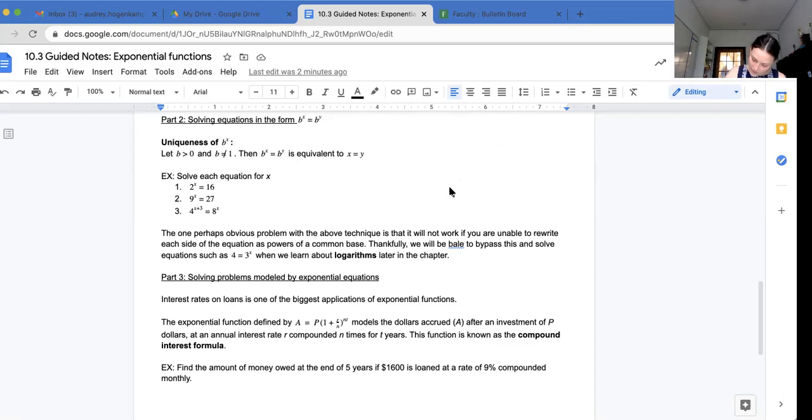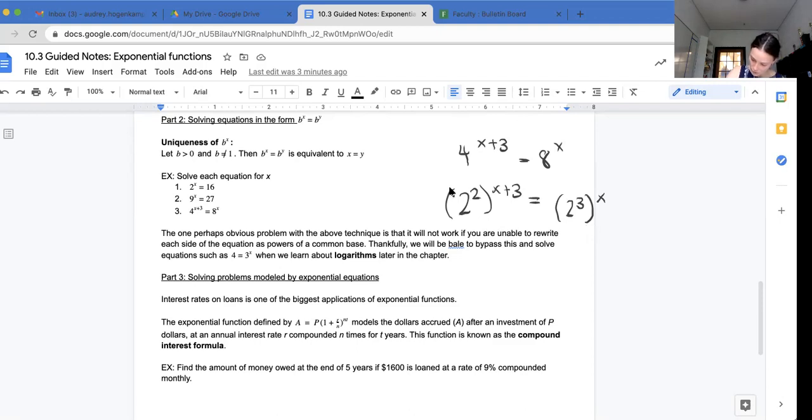Okay, and then last but not least, we have 4 to the x plus 3 equals 8 to the x. So again, 4 and 8, can we write 8 in terms of 4? Well, 4 squared is 16, so no. But 4 and 8, again, seem to be related, and the answer is they are. We could write them both as powers of 2. So 4 I can rewrite as 2 squared to the x plus 3 is equal to 8, which is the same thing as 2 cubed to the x. And then again, power to a power means we can multiply.